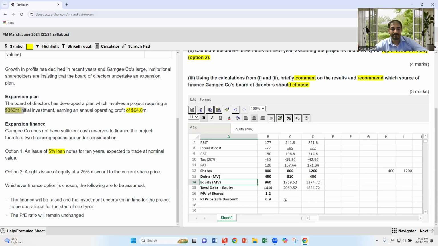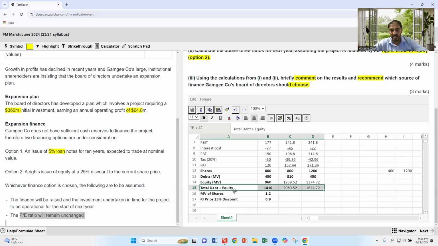Total equity value. Now come on, equity value. Equity value will be calculated by P/E ratio, because here the assumption says that P/E ratio remains unchanged. So very simple. Profit after tax multiplied by P/E ratio.